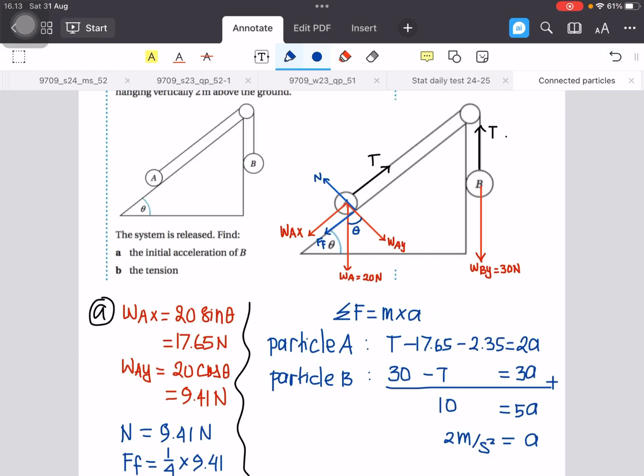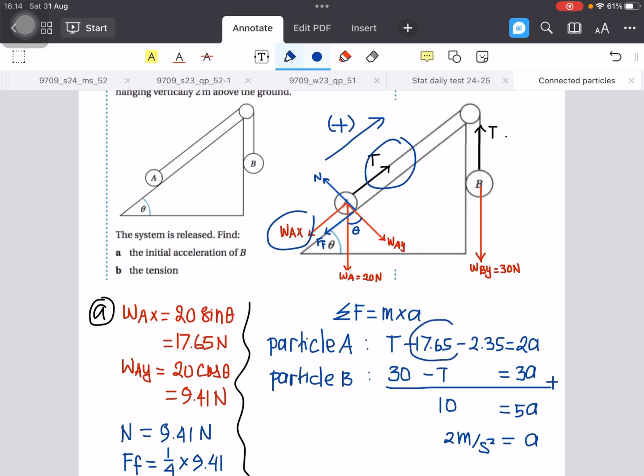Particle A will move up the plane. So up the plane is the positive direction for particle A. Resolving the force in x direction parallel to the plane, the equation will be the tension minus WAX.